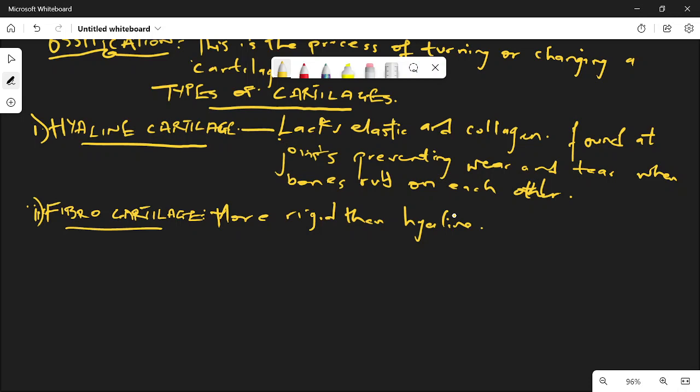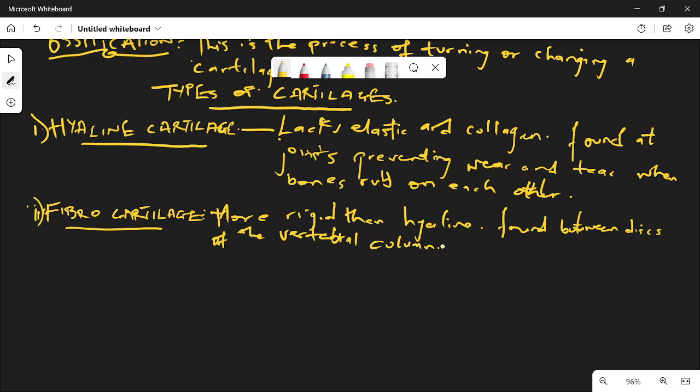It is also found at joints between the vertebral column. Found between discs of the vertebral column.